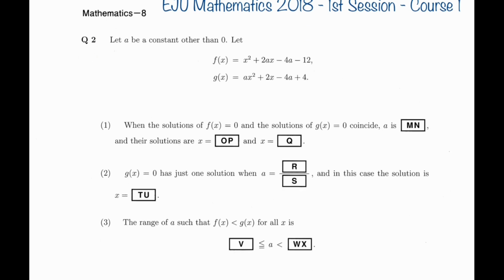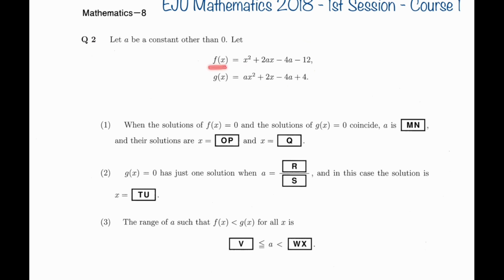Okay, in this question, we will let a be a constant other than 0, and then let f of x is equals to blah blah blah and g of x is equals to blah blah blah. So we are given a quadratic functions.